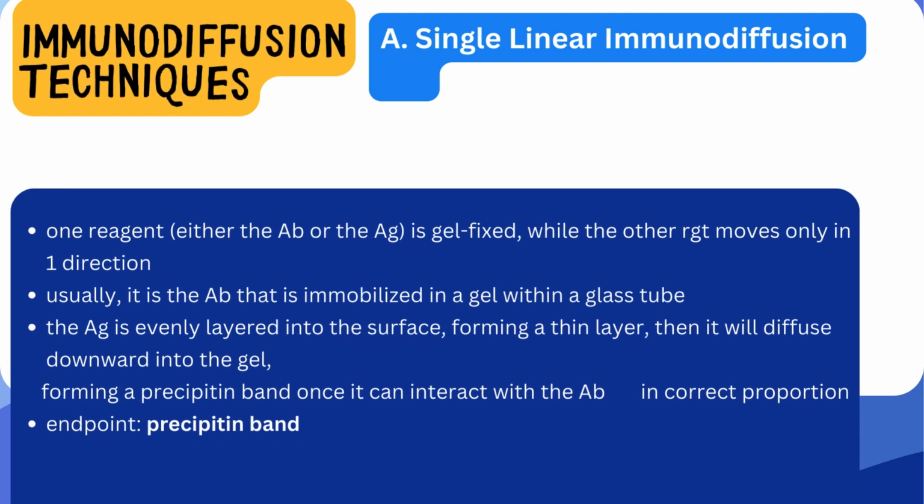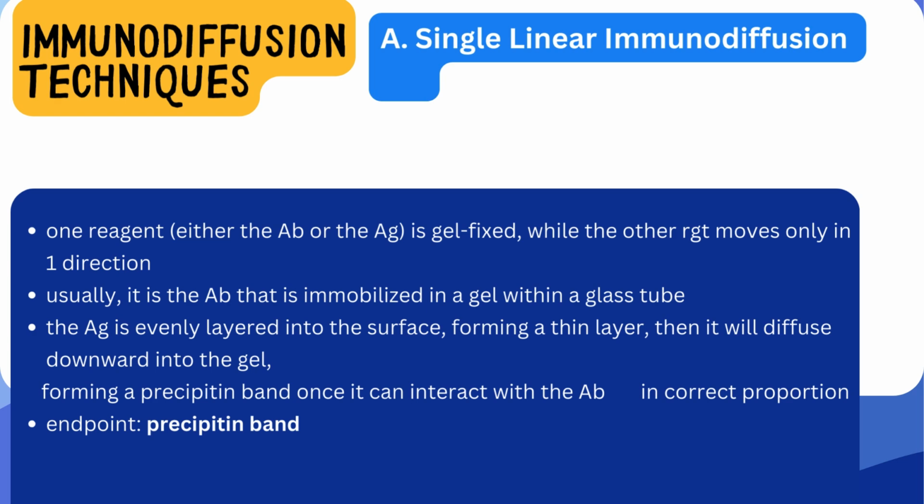Then, how about single linear immunodiffusion? In this technique, one reagent, typically the antibody, is immobilized or fixed in a gel within a glass tube while the antigen moves in one direction. It's just the same, but here we're using the tube.